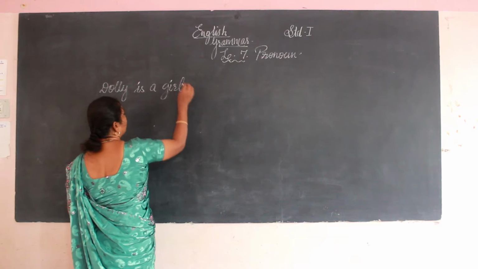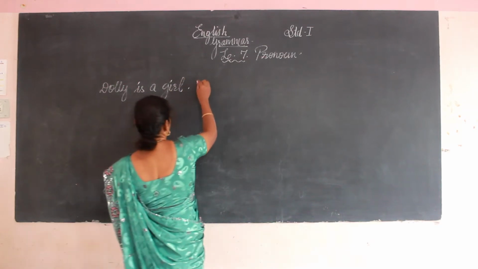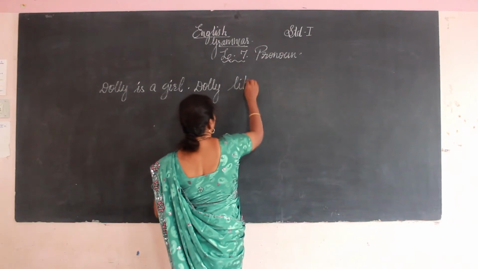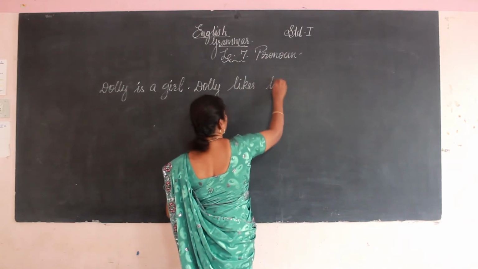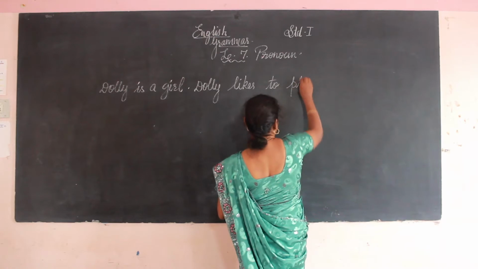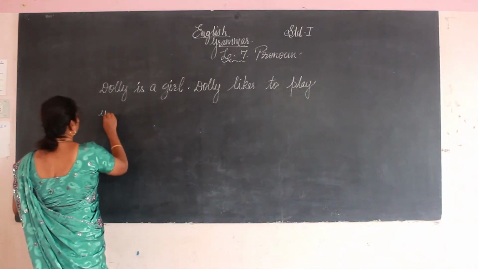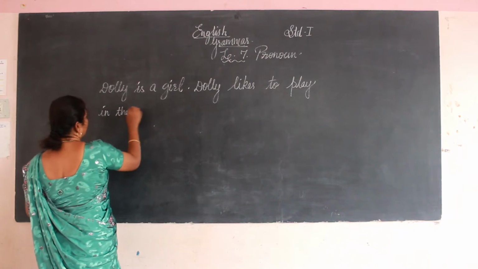Dolly is a girl. Dolly likes to play in the park.